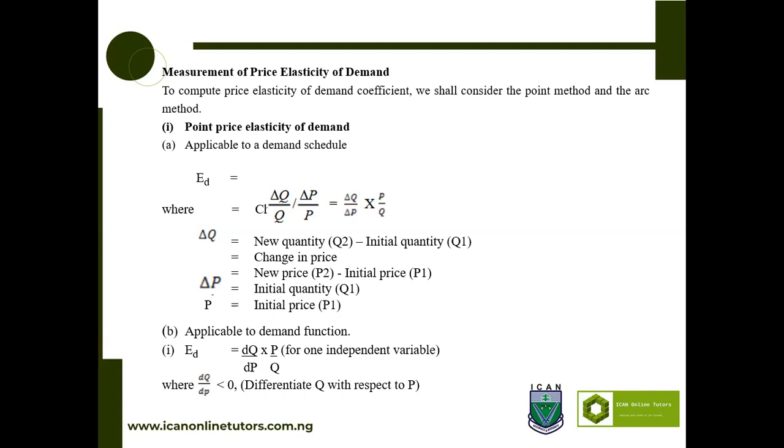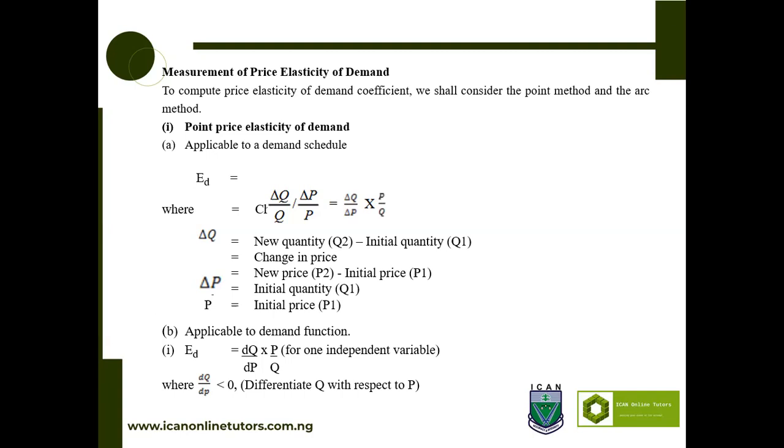Then the second method of measuring price elasticity of demand is the arc method. So we have applicable demand function under the point method. ED is denoted as change in quantity divided by change in price multiplied by price divided by quantity for one independent variable.